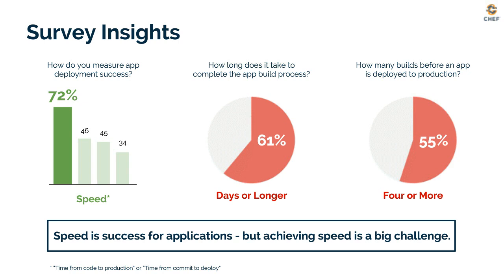It's also clear from the numbers that there's a long way to go. So we had 61% report that it takes them days or longer to complete the application build process, often much longer. And then 55% needed 4 builds or more to deploy anything to production. So speed equals success, but that's a real challenge for people.